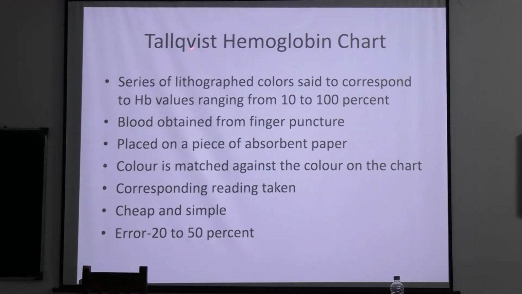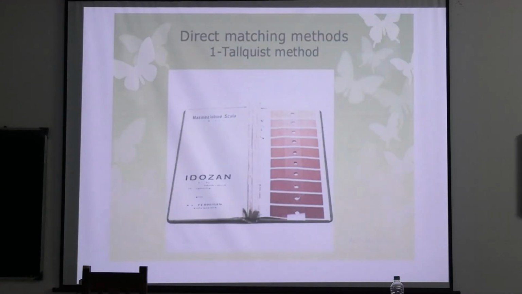You carry these papers with you and you can do it, but there is a high chance of error. This is what the Talquist paper looks like. It is of no importance in a tertiary care center, but at the sub centers they match the colors with this.